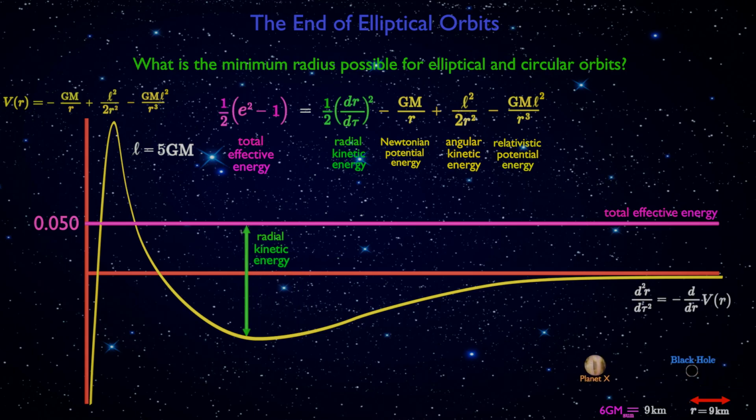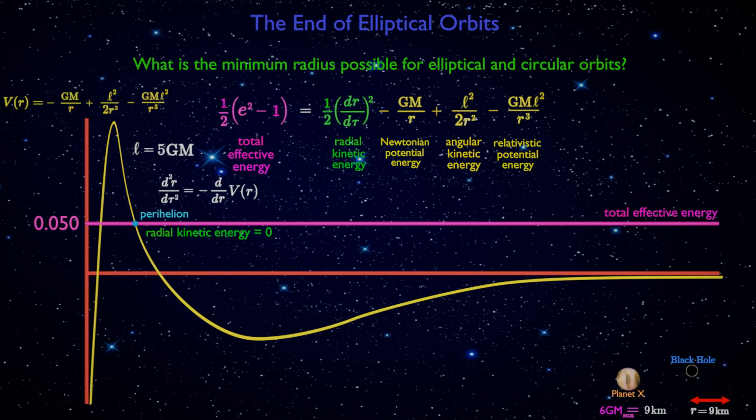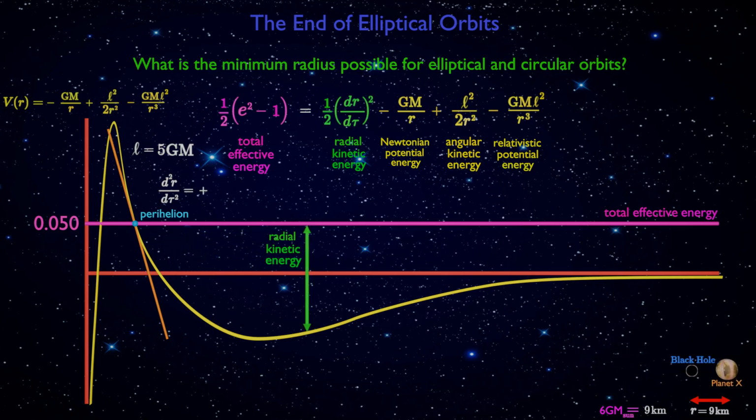After this point, the radial velocity of planet X reduces to 0, which is the perihelion point, or the planet's closest approach to the black hole. We see at this point that the radial acceleration is positive because the slope of V(r) is negative, so planet X is pushed out again and travels off to infinity. This is an unbound hyperbolic orbit.